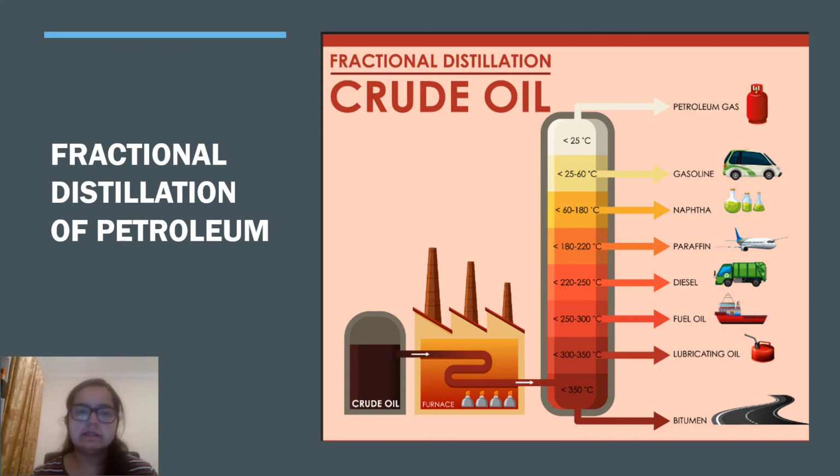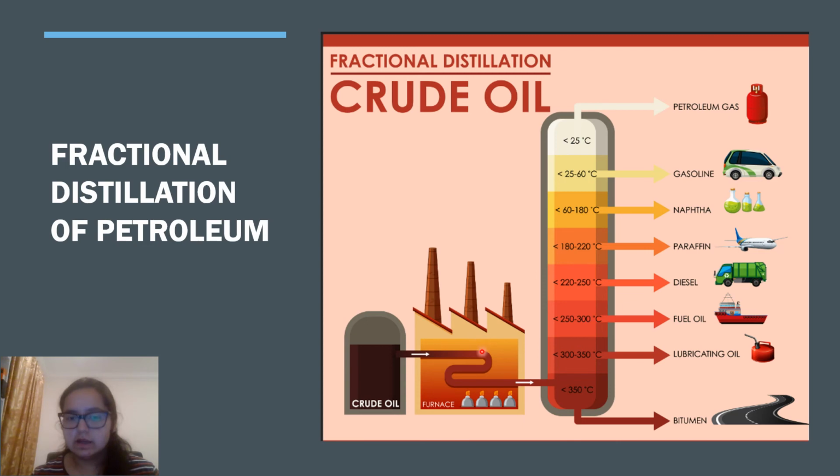The petroleum goes through a furnace where it is heated at a high temperature, and the one which gets heated very quickly with a low boiling point goes off as a gas, and that's petroleum gas, which has the lowest boiling point. That's why it leaves the furnace over here.